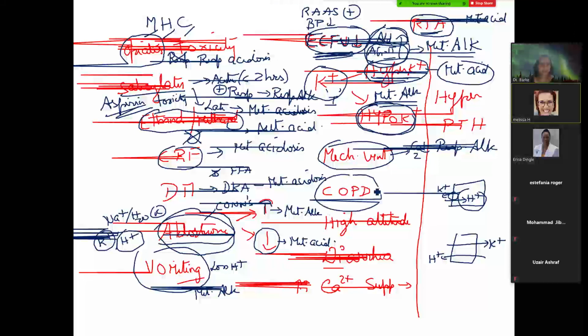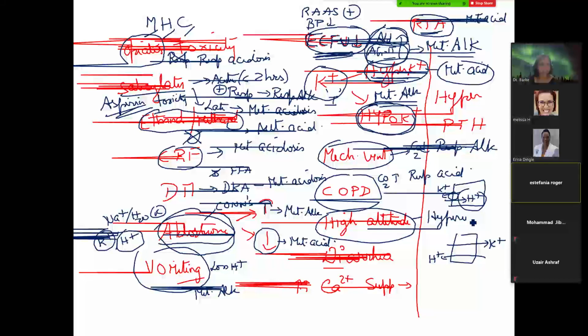COPD, any respiratory disease: if the lungs are not working, there's carbon dioxide retention, hypercapnia, which gives rise to respiratory acidosis. High altitude. So at high altitude, to compensate for the oxygen, how are we breathing? More. Hyperventilation. So carbon dioxide is eliminated.